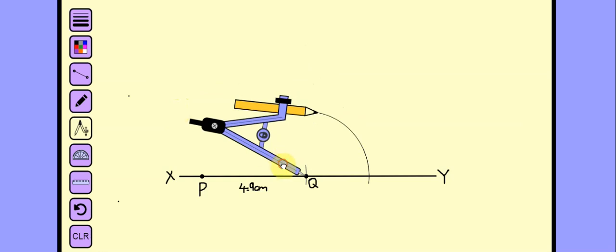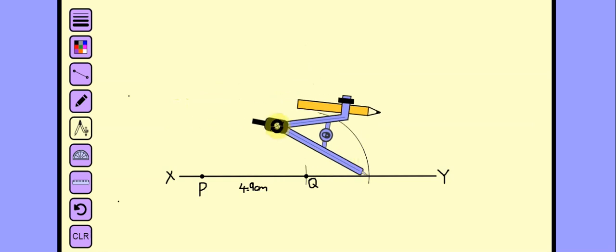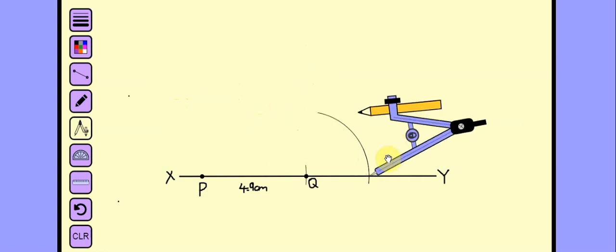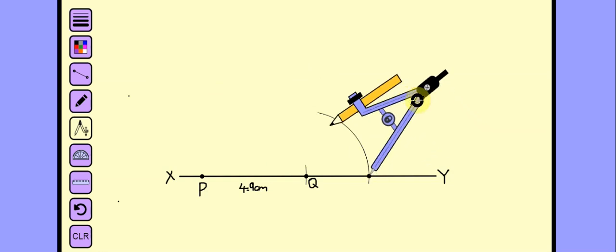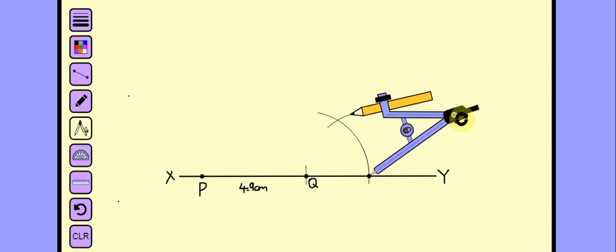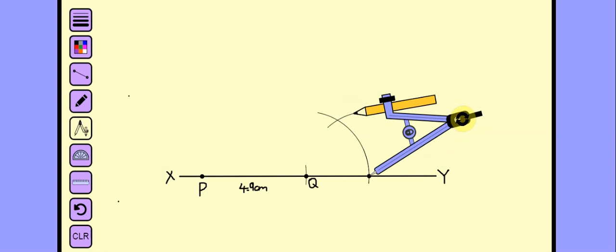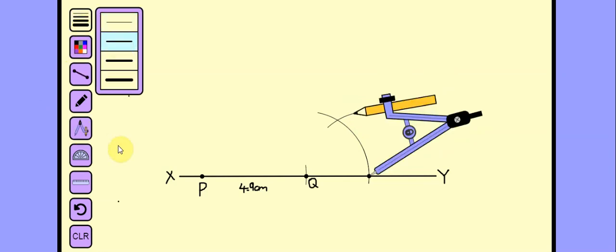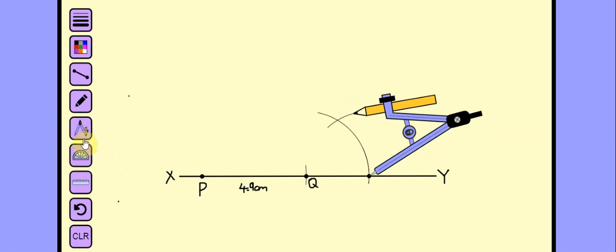Then, where the arc intersects XY, we will place the needle of our compass there and scribe another arc to cut the previous arc. This will automatically form our 60-degree angle on the right of Q. So let us draw our line here.